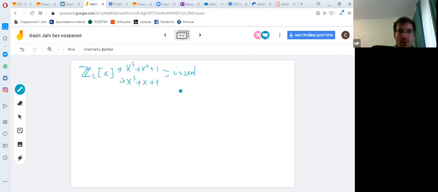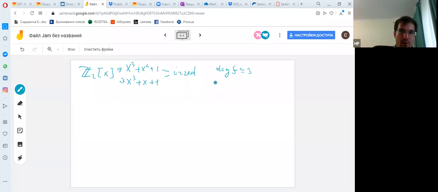Okay, we know from the previous seminar that a polynomial of degree not bigger than 3 is irreducible if and only if it has no roots. So let us check if these polynomials have roots.